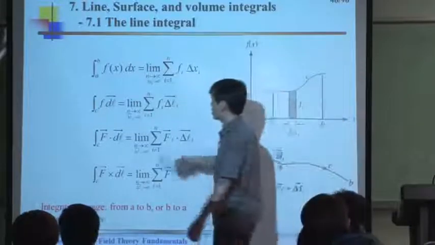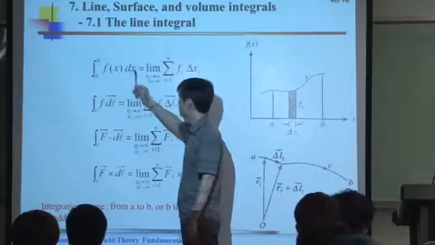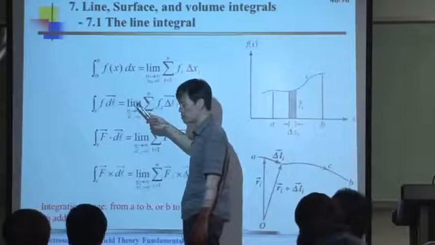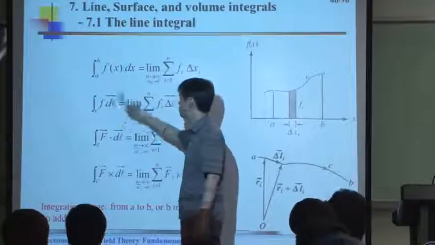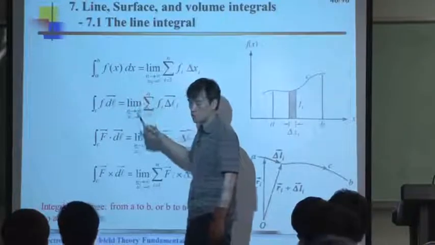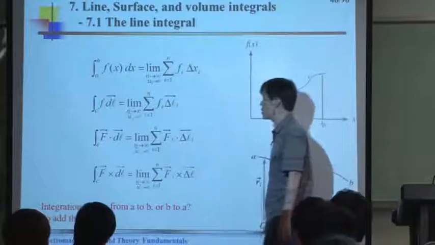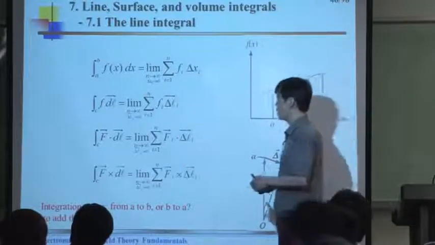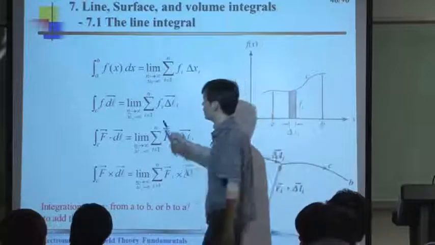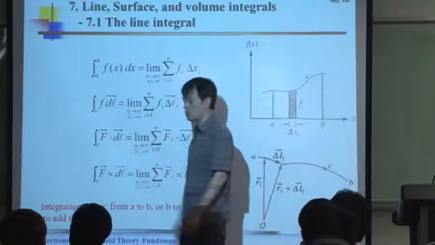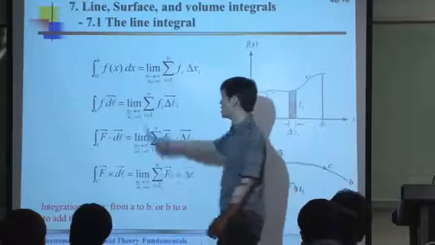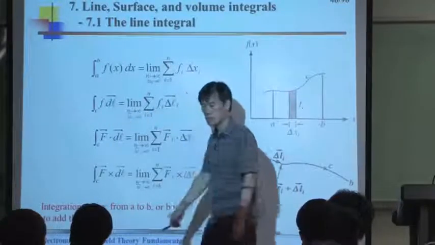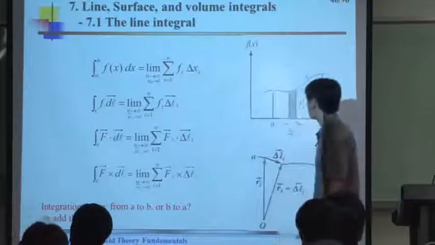So in this case, the length in case of the one dimension, 1차원 경우에는 you don't need to represent the direction. But now if you are doing some integration in three dimensions, the length scale dl should be the vector.